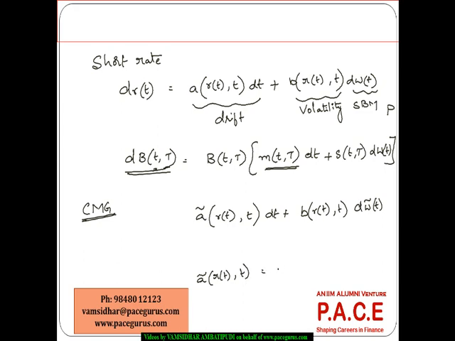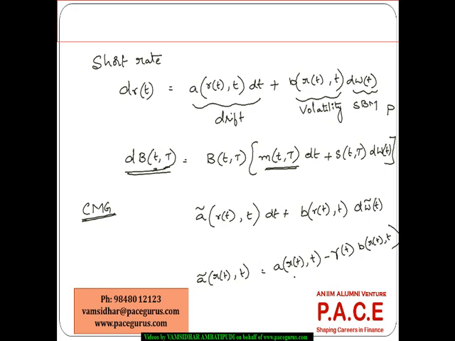I'll base it on the market price of risk. We can very well change whatever the real world drift is by subtracting the market price of risk gamma(t) times b(r(t)).